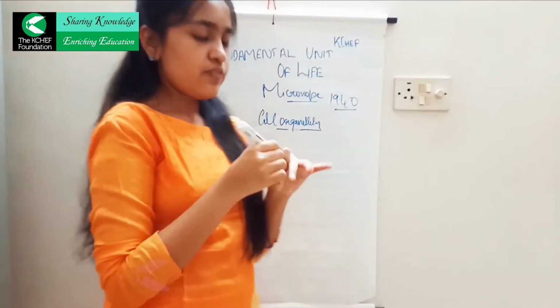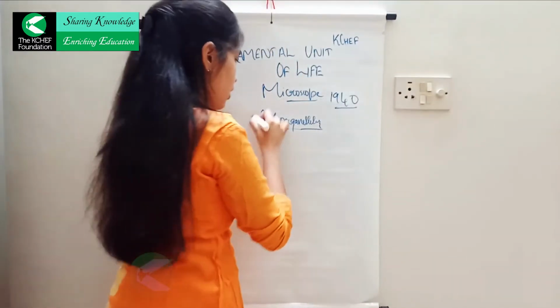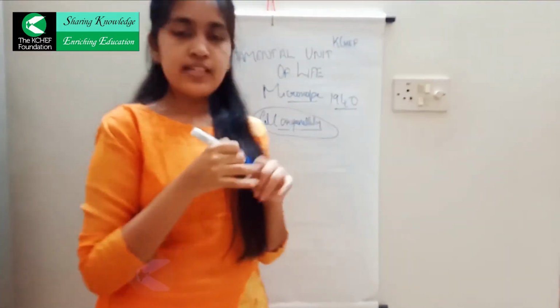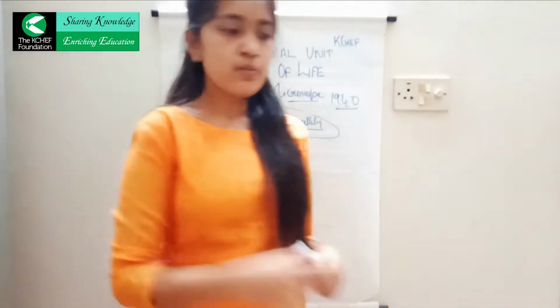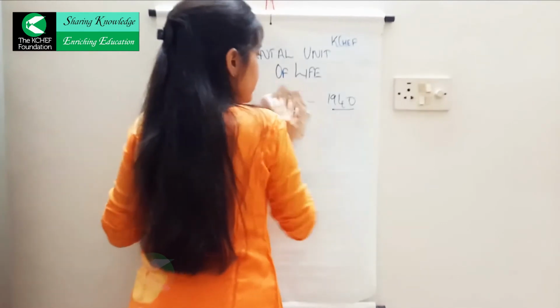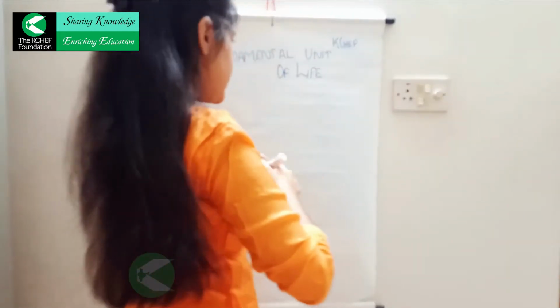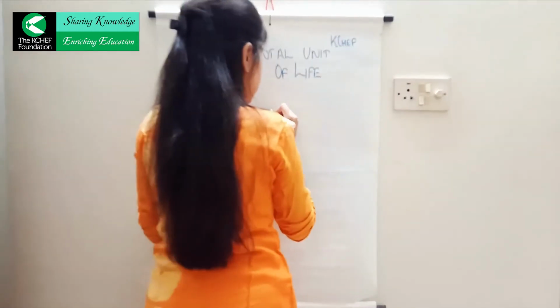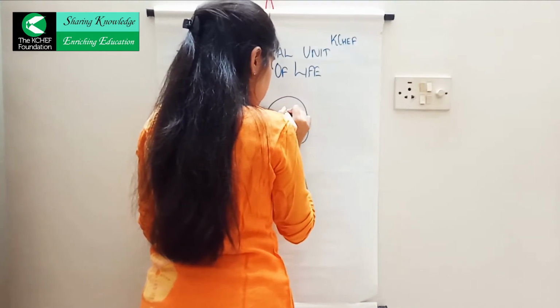So basically from now on our main study area will be all about this, that is cell organelles. Okay. So when they observed it under the electron microscope and when they saw the cell, they mainly observed 3 features. So what are the 3 basic features that every cell has? I'll show it to you.